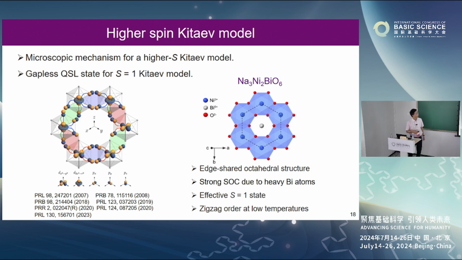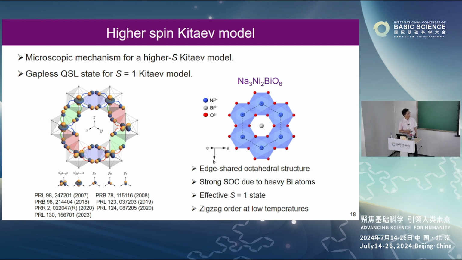Since then, there have been many theoretical proposals that you may also realize similar physics in higher spin systems, although it doesn't have an exact solution like that for a spin-half system. But you can have this kind of Kitaev interaction, and you can also have a gapped quantum liquid state for the S equals 1 Kitaev model.